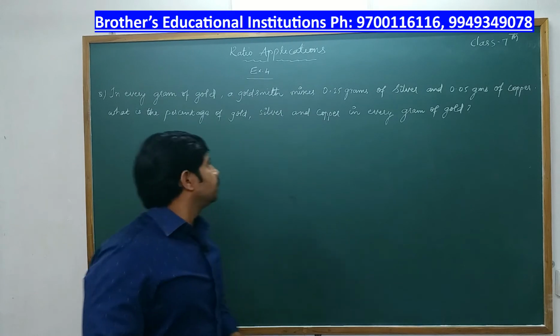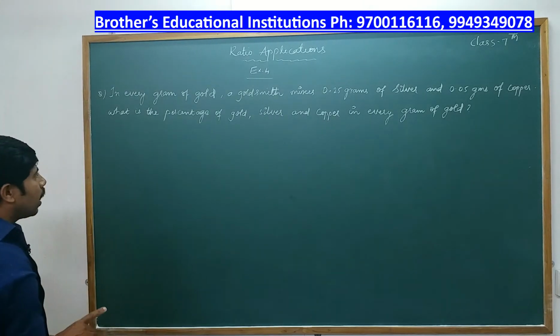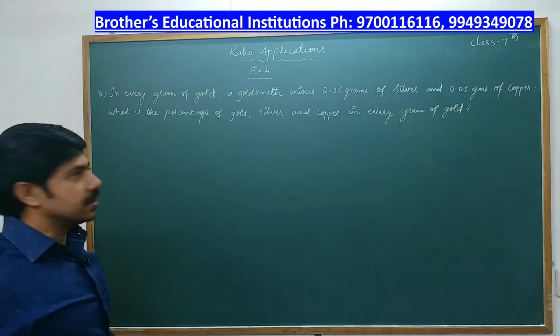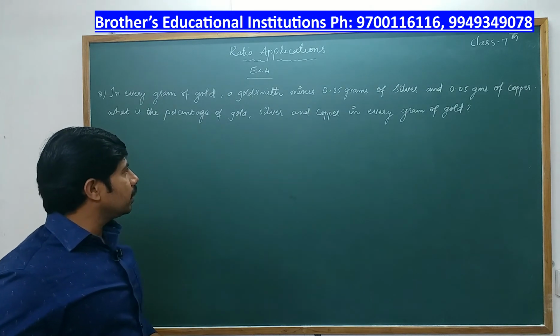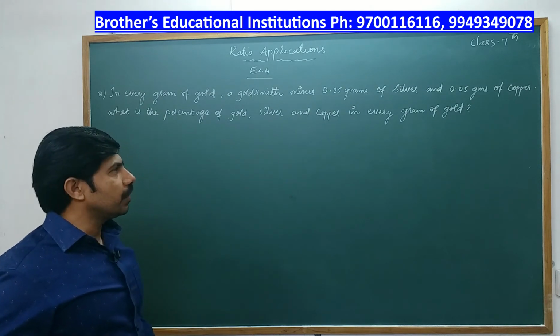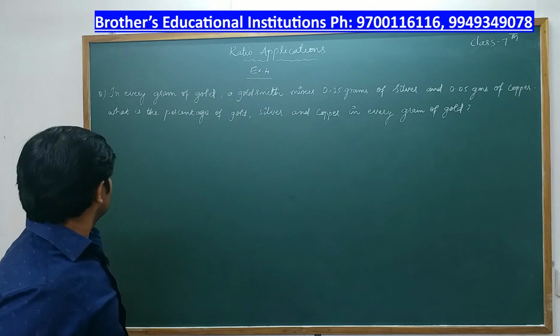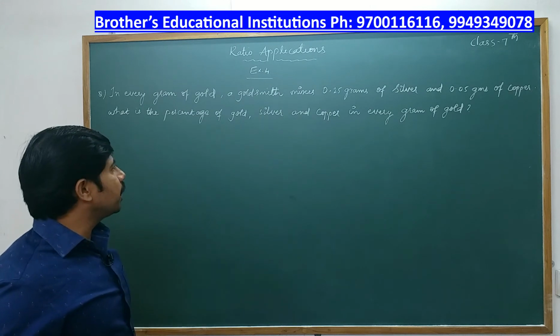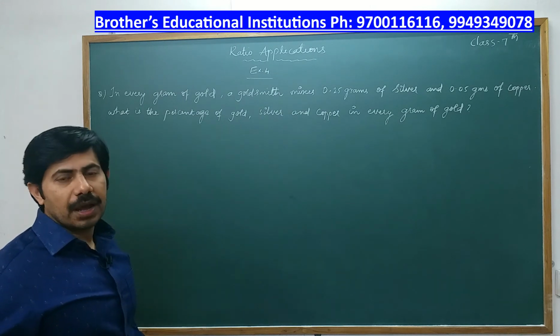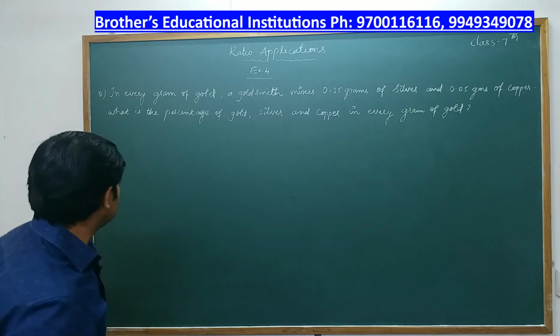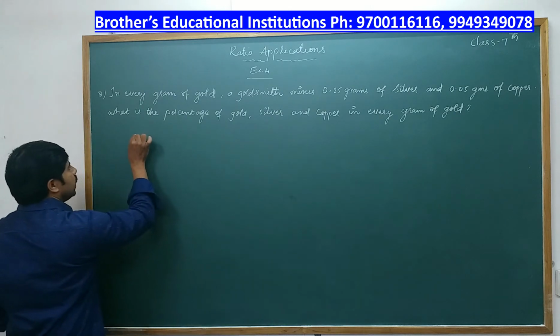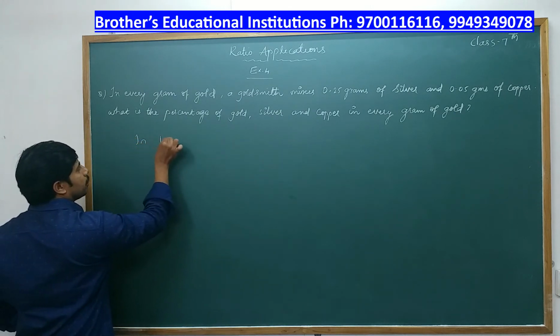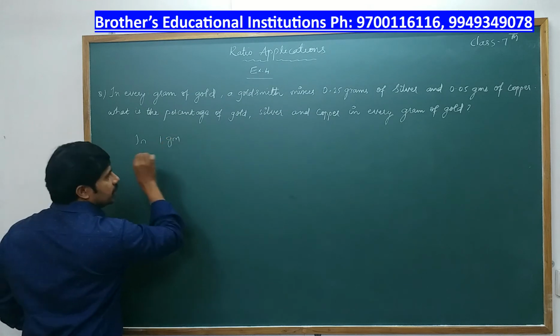Next problem. In every gram of gold, a goldsmith mixes 0.25 grams of silver and 0.05 grams of copper. So what is the percentage of gold, silver and copper in every 1 gram of gold? Remember, it is 1 gram of gold. So first we write in 1 gram. We calculate all these things now.